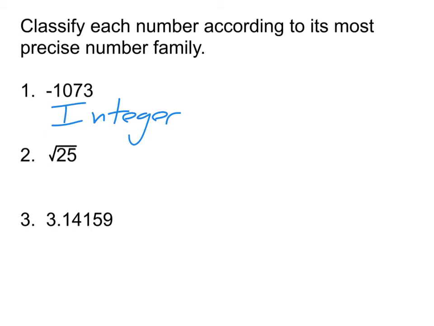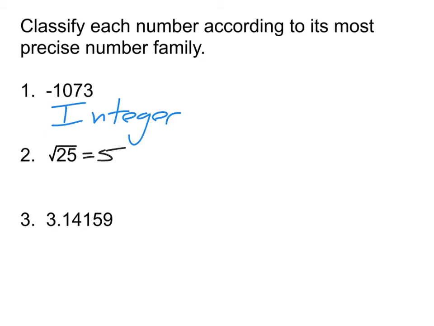All right, number two. Some of you might be thinking irrational here because you're seeing the square root. And one way to get irrational numbers is to take a square root. But you always have to look at the number and see, if I take the square root, what do I get? The square root of 25 actually equals a nice pretty number, right? It equals 5.